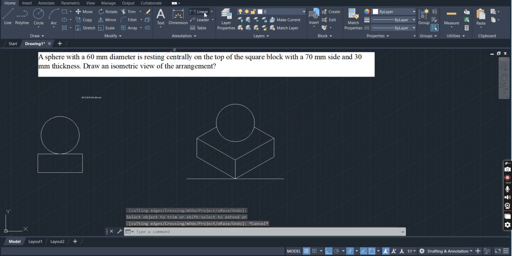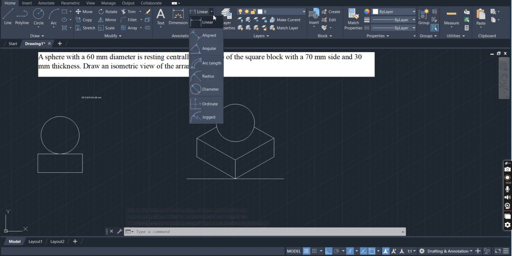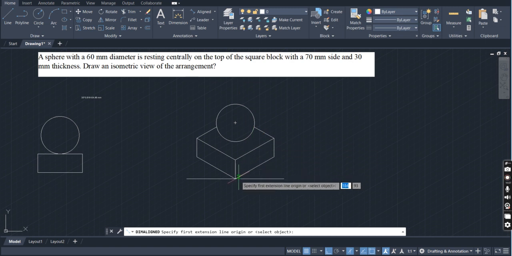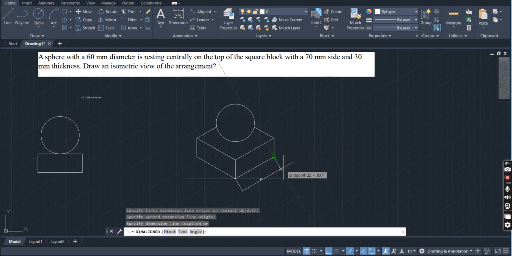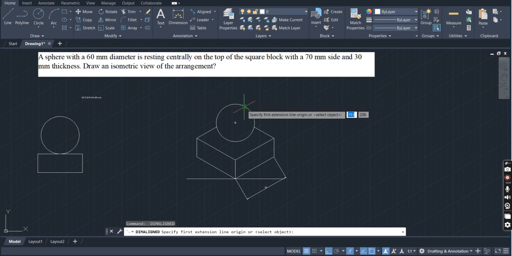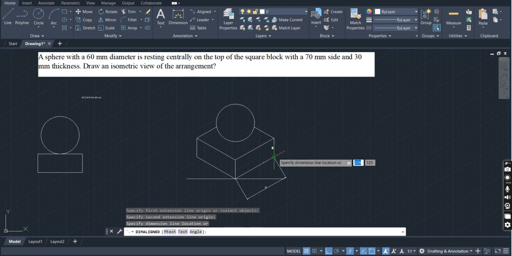You have to give the dimensions perfectly aligned. From here to here the distance is 70, and next from here to here the distance is 30.